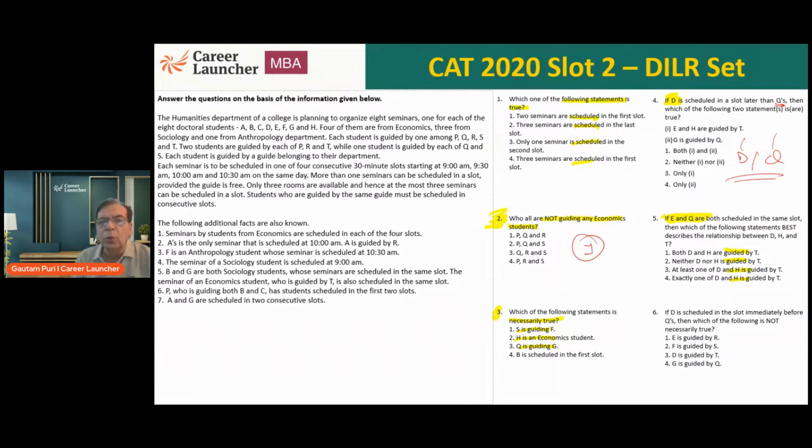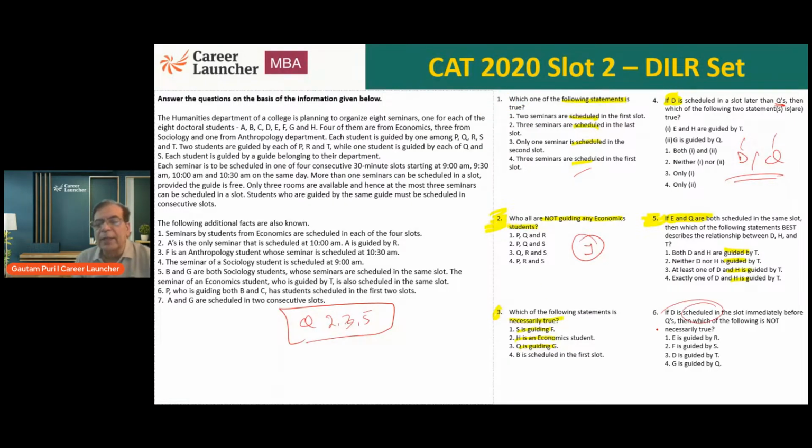So question number 2, question number 3, and question number 5, all three of them are talking about the guide-student interaction. Sorry, my mistake, not 1, it's 2, 3, 5.